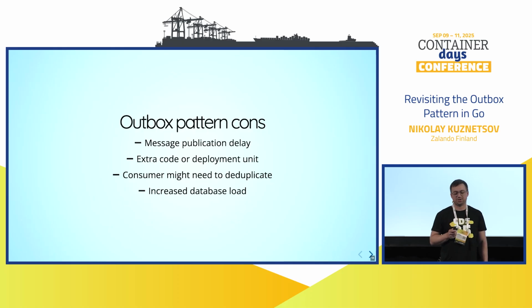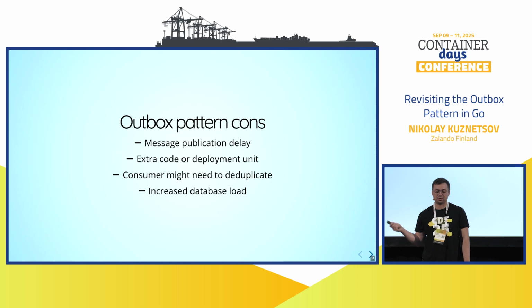But of course, it comes also with some disadvantages. First of all, we introduced message publication delay, because now we don't immediately send the message to the message broker, but first we store it to the database, and eventually that Outbox relay would get those messages, grab them, and send them to the message broker.